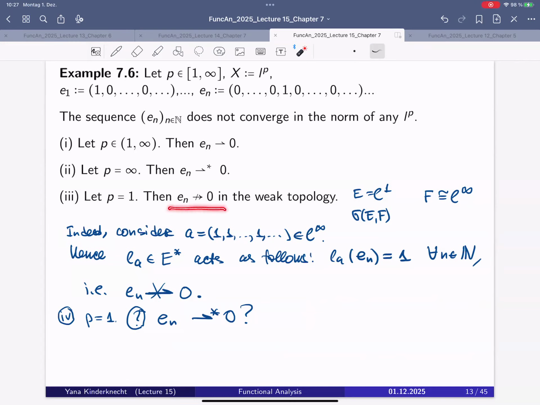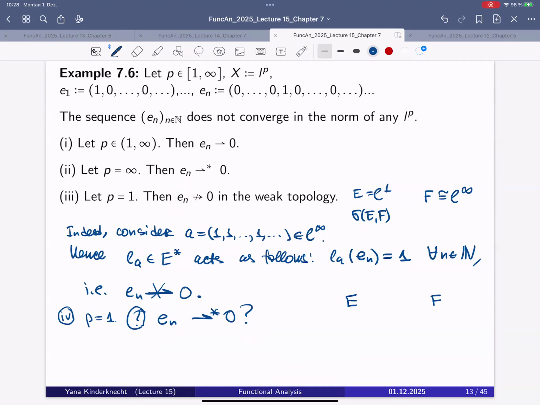So if there is no weak convergence, probably in the weaker sense there is some convergence. In particular, what about this convergence? So what should be the picture? What is E? What is F?